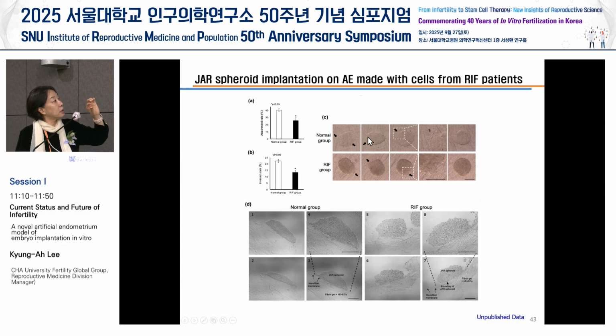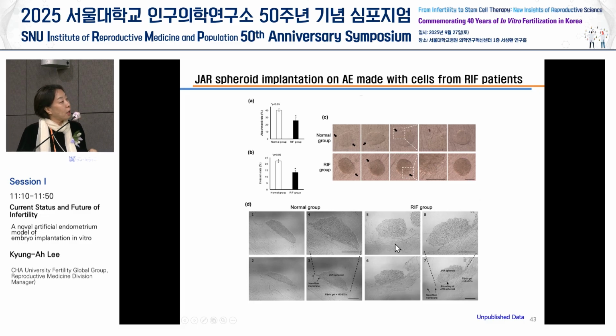So it is epithelial cells from normal, and epithelial cells from RIF patients. And these are JAR spheroids. You can see in the normal epithelium, the JAR spheroids had intact apposition and attachment with compact texture.